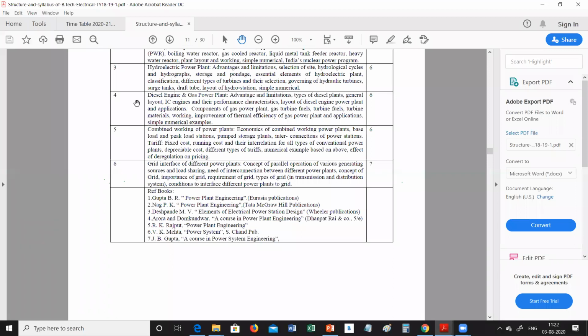Chapter 4 consists of diesel engine and gas power plants. You know that in college, when the light goes off, the diesel generator starts and feeds energy to the college. That is one type of diesel engine. Similarly, some power plants are based on gas.